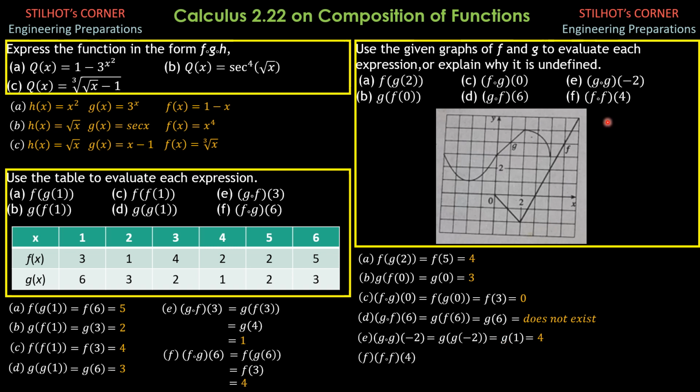Then lastly, f of 4. F of 4 is 2. So that is f of 2. And f of 2 is negative 2.